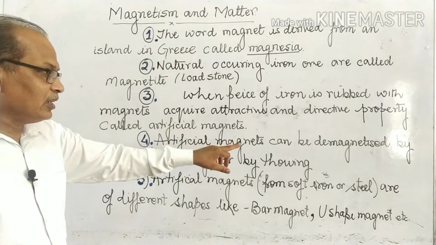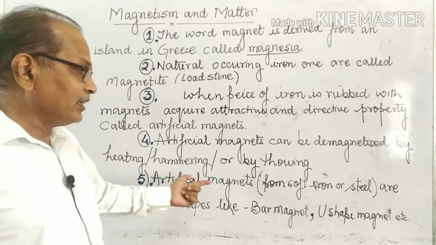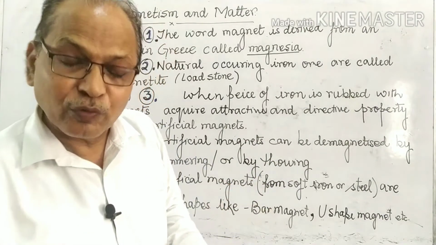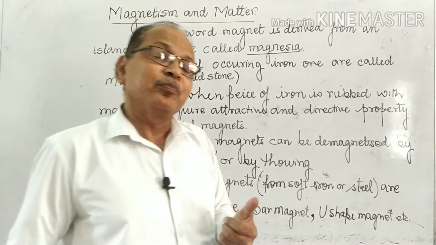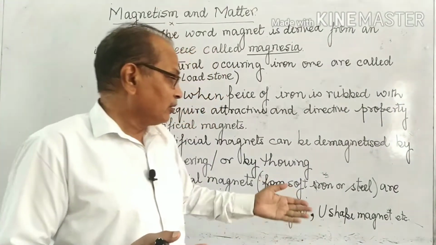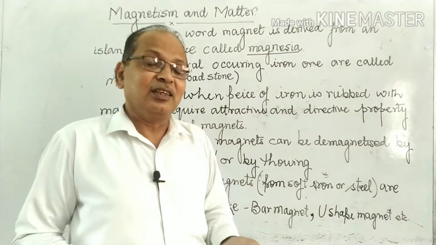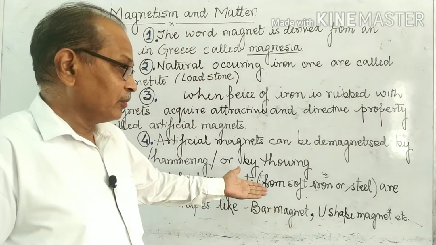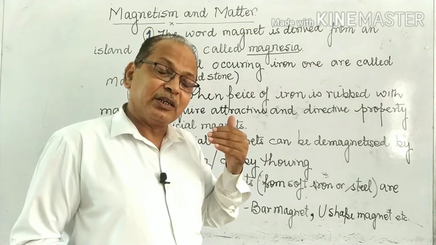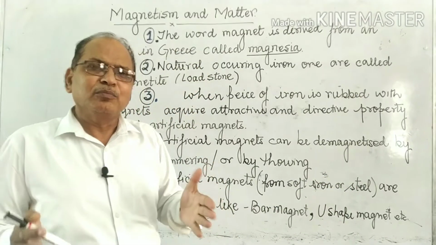Artificial magnets can be demagnetized by heating, hammering, or by throwing. Artificial magnets are made either from soft iron or from steel. The magnets made from soft iron can be magnetized easily, but they can also be demagnetized very easily and rapidly, whereas steel takes time to demagnetize.